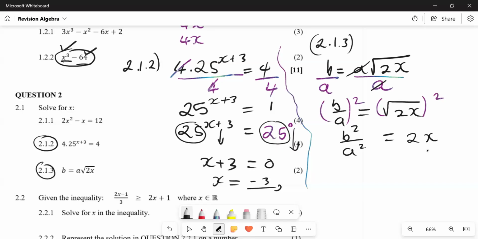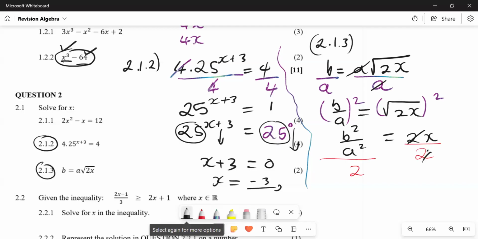So we're having a square root. How do you get rid of the square root? You square both sides. So now after squaring, we still need to isolate x. So you divide both sides by 2.